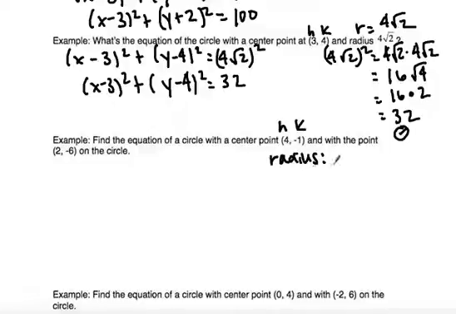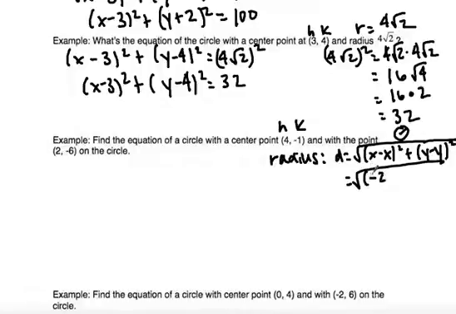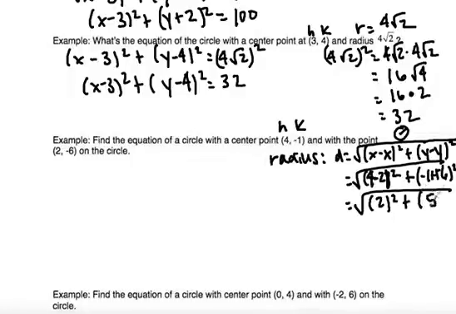Remember that the distance formula is the square root of (x - x)² + (y - y)². So I'm going to say the square root of (4 - 2)² + (-1 - -6)². 4 minus 2 gives me 2. -1 minus a -6 becomes plus 6, so -1 plus 6 gives me 5.